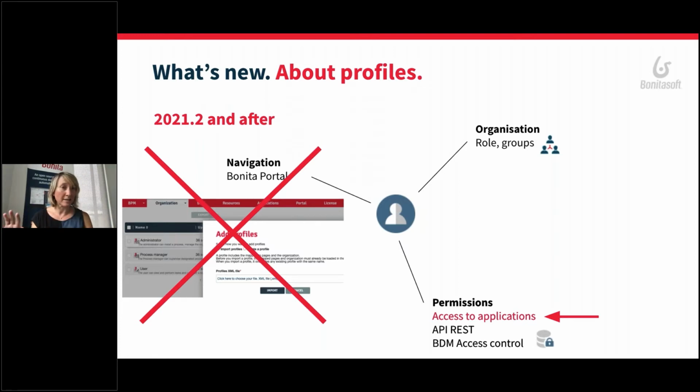So you won't see it anymore as a profile navigation, because it was not that used. But the profile remains with the role and its permissions. So if you want to create a specific app, it's like all other living applications. You can create an application mapped to the process manager profile.